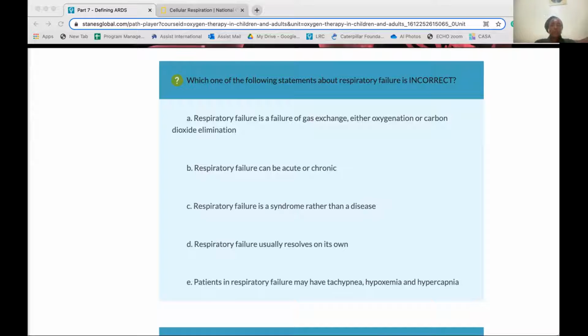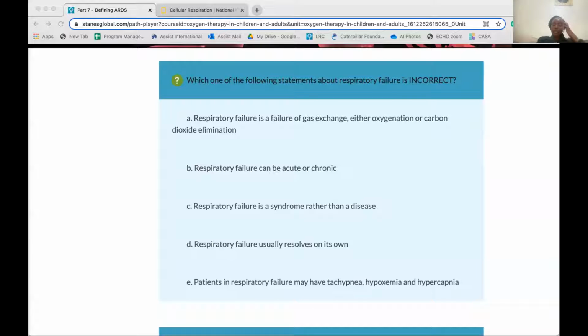So A is true, respiratory failure is failure of gas exchange, either oxygenation or carbon dioxide elimination. It can be either acute or chronic, that's true. It's a syndrome rather than a disease. Usually resolves on its own? It doesn't usually resolve on its own. You might need interventions.